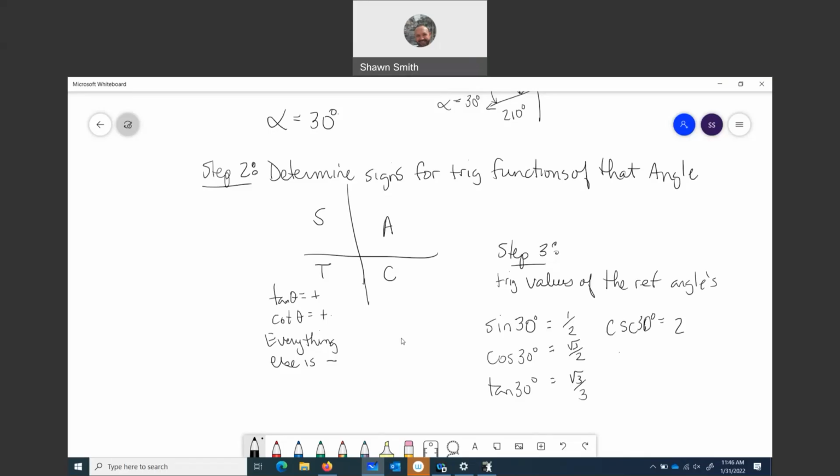Cosecant is 2. Secant of 30 is 2 square roots of 3 over 3. And then cotangent, square root of 3.